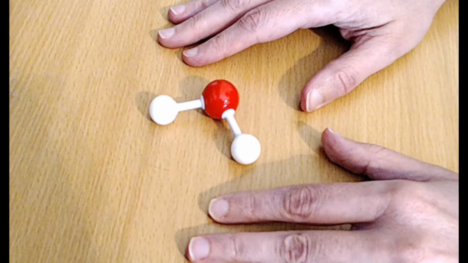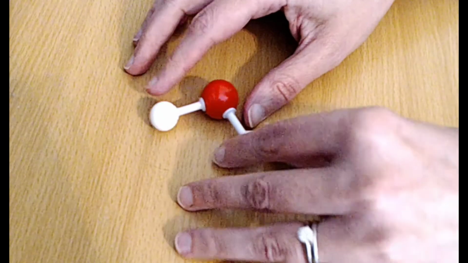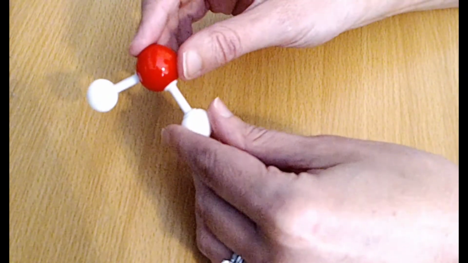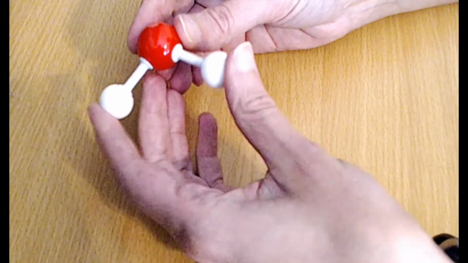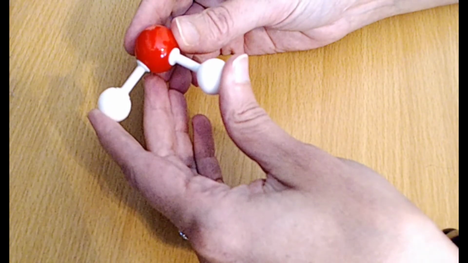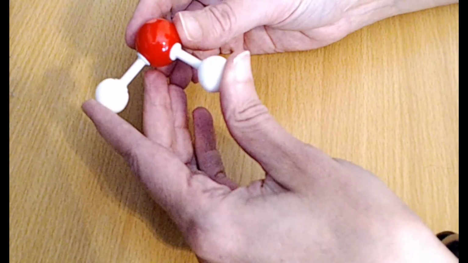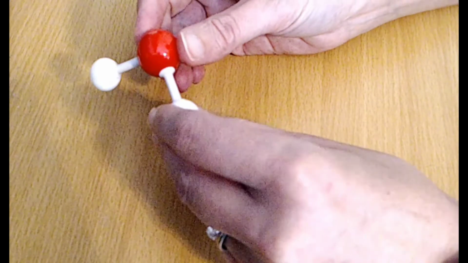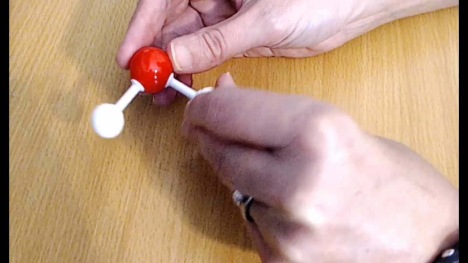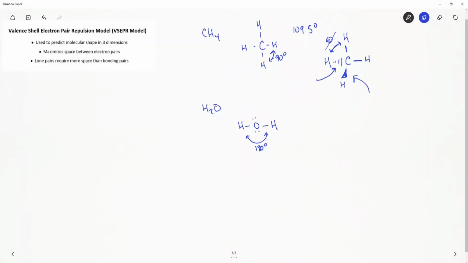Water's shape is actually bent. The lone pairs on the oxygen force the two hydrogen atoms closer to each other. Their angle is actually less than methane. It is 104.5. Could we have predicted that bent shape based on our Lewis structure?